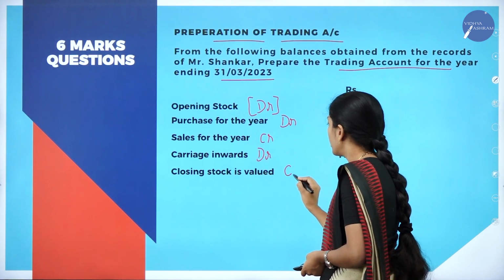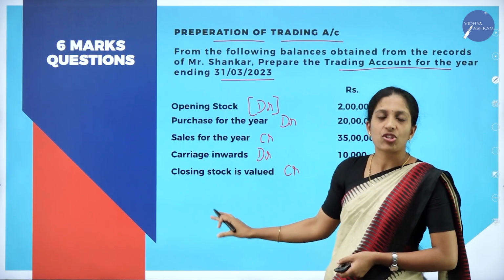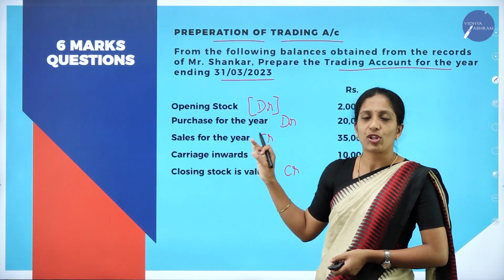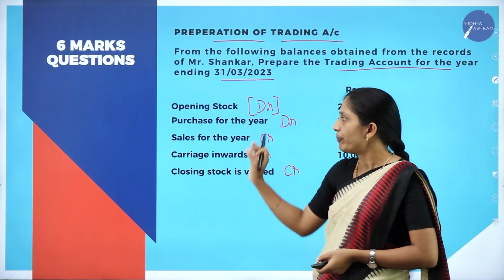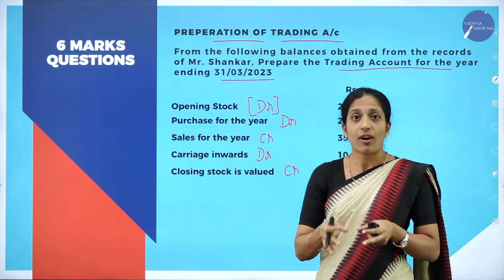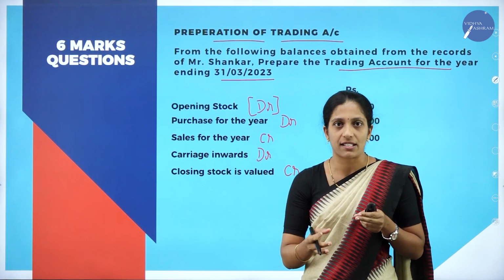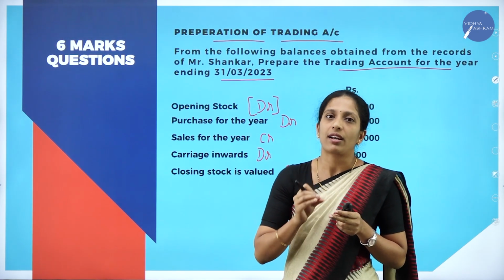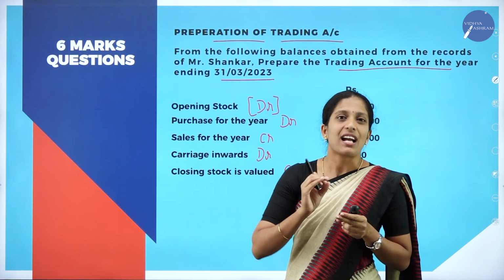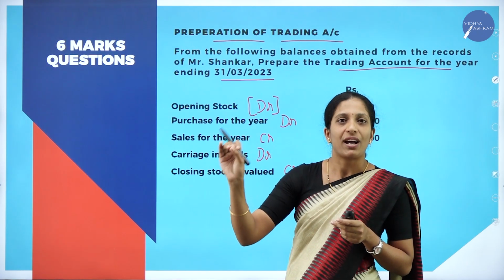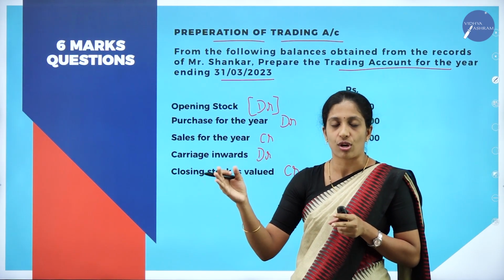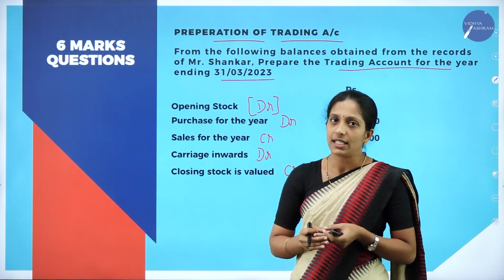Closing stock, credit side. Only this much information they have given. I have told you it is a very easy 6 marks problem. Just you have to know what you have to record on your debit side. Or in order to remember easily, what are the items recorded on the credit side? By sales, less returns, by closing stock. Rest all the items come to your debit side.